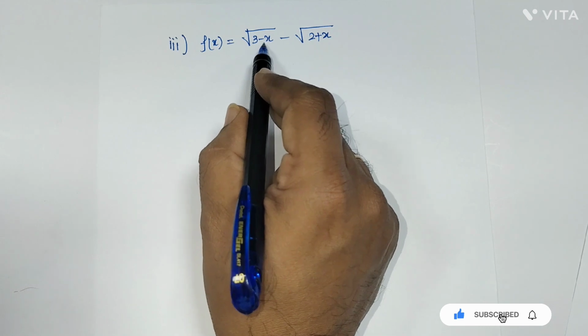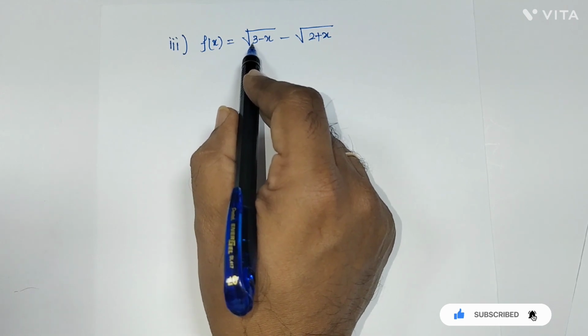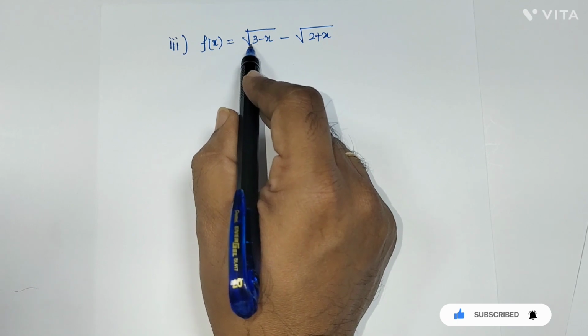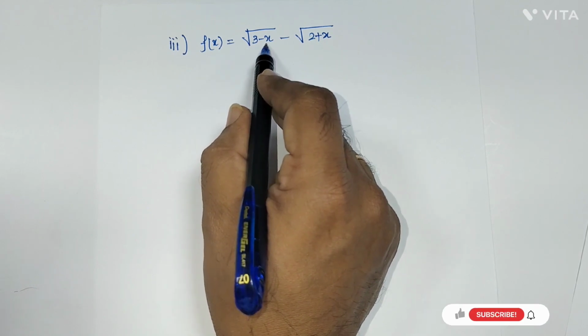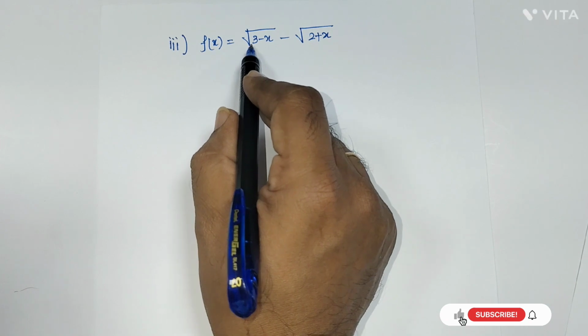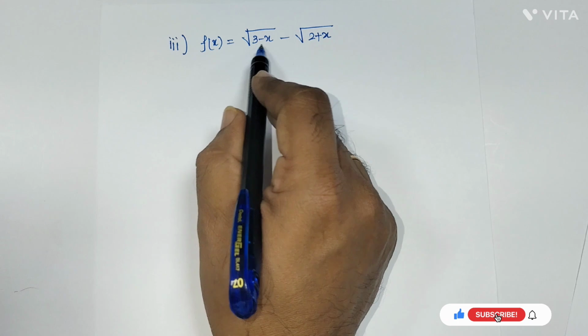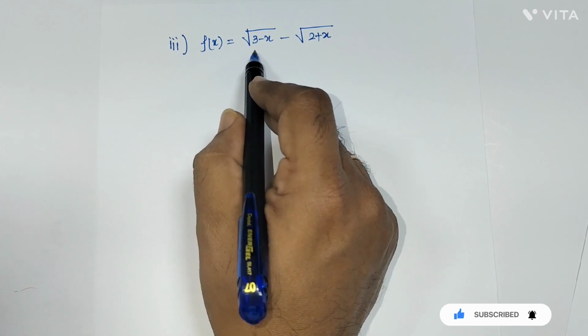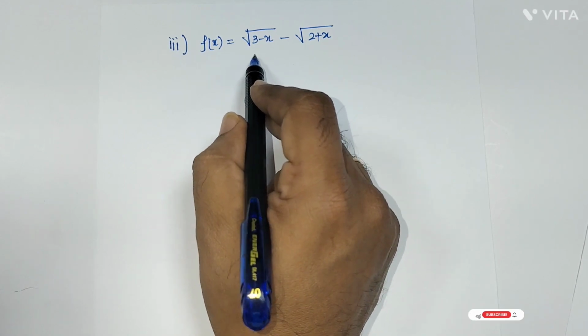When I am substituting x equal to 4, I will get minus 1. When I am substituting x equal to 5, I will get minus 2. When I am substituting x equal to 6, I will get minus 3. So you will get the square root of minus 1, minus 2, minus 3. The square root of minus 2 means you will get i into square root of 2.